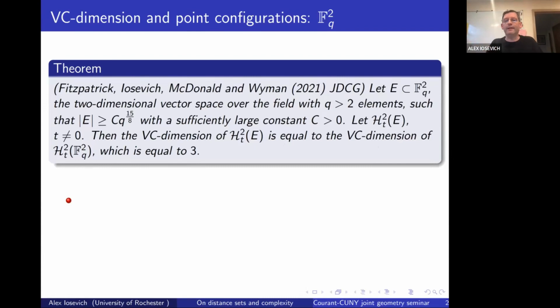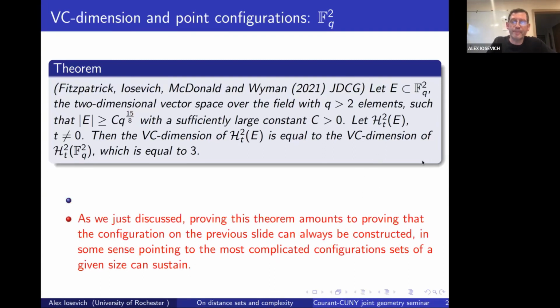So once again, I think of it as sets that are sufficiently large being as complex as the whole vector space with respect to this property, which is the VC dimension of the set of indicator functions of circles centered at the points of this set. So as I said, this amounts to producing the configuration that we discussed. And at the end of the talk, I'll give you just a tiny bit of a flavor for how one goes about these things.